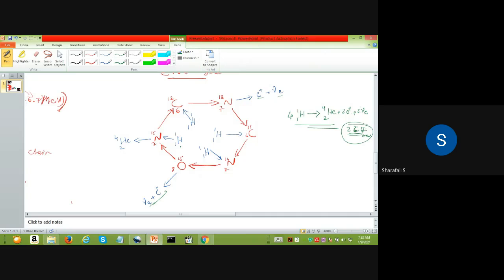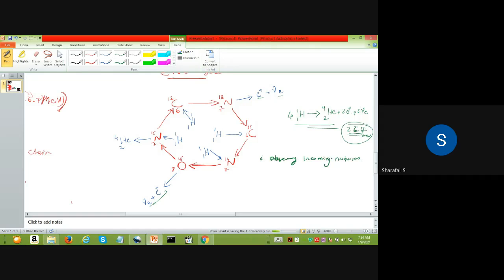This is done by observing the incoming neutrinos, checking the energy of the incoming neutrinos which are coming from the sun's core.